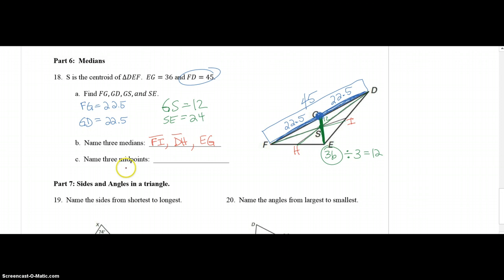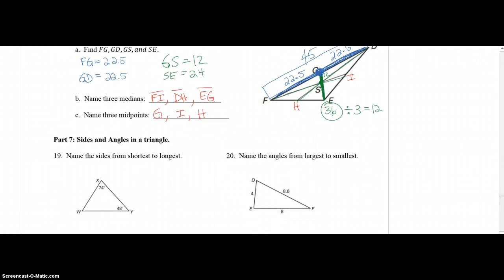The midpoints are the midpoints of the sides. A median goes from a vertex to a midpoint. So G is the midpoint of this side, I is the midpoint of this side, and H is the midpoint of this side. These are just single points. These are segments.